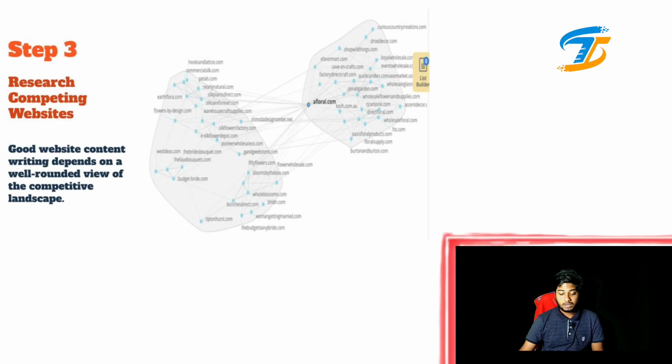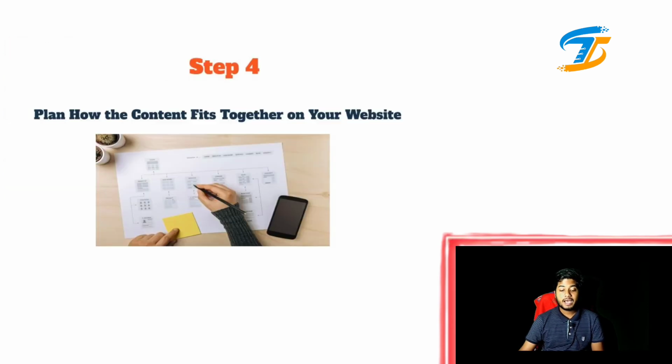Later, you will also look at individual pages that compete against the website page you are writing. Now that you have researched your audience and your competitors' content, you will have an idea of what you want to say.